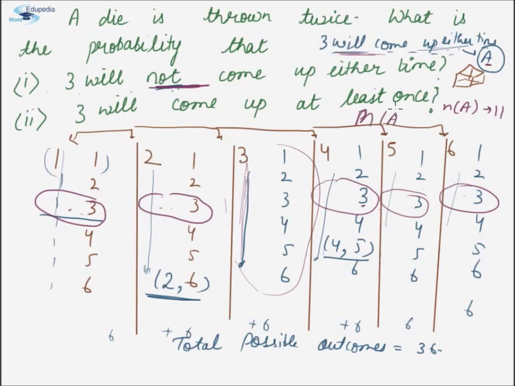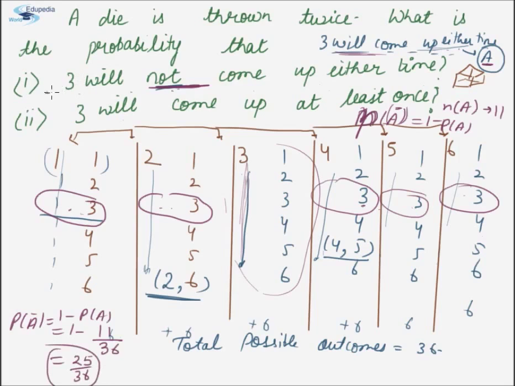So P of not A will be 1 minus P of A, because it is the complementary event of A. That is 1 minus favorable outcomes to A, 11, over total outcomes, 36, so it will be 25 over 36.